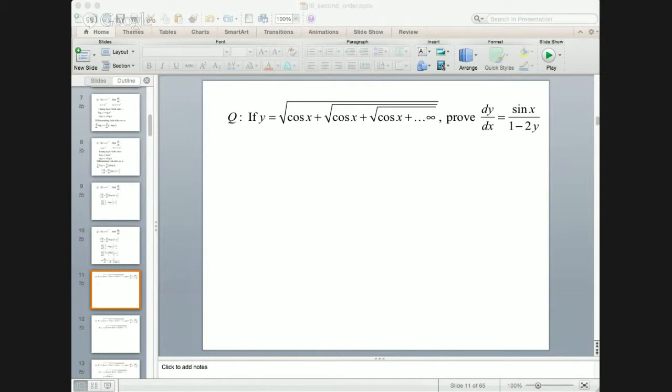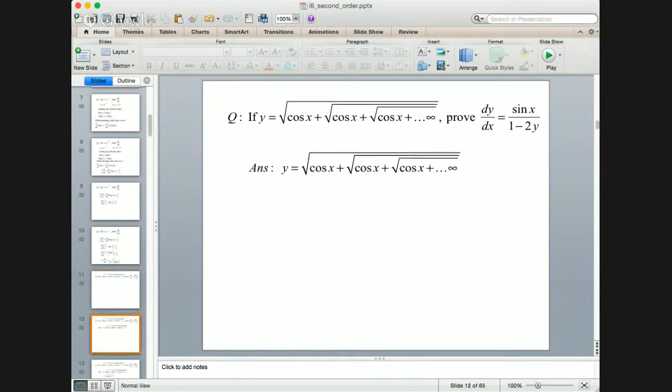And so if I think about rewriting using the y again in the function, then this y can be rewritten as exactly root of cos of x plus y. So if I keep the first cos x as it is and replace the rest of the series with y, nothing has changed. And once that's done, then we are ready to go for differentiation.